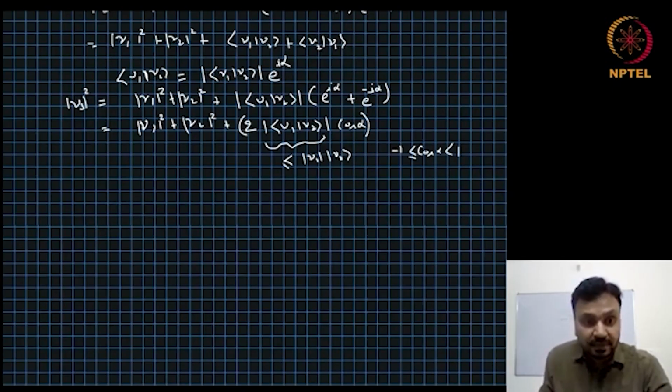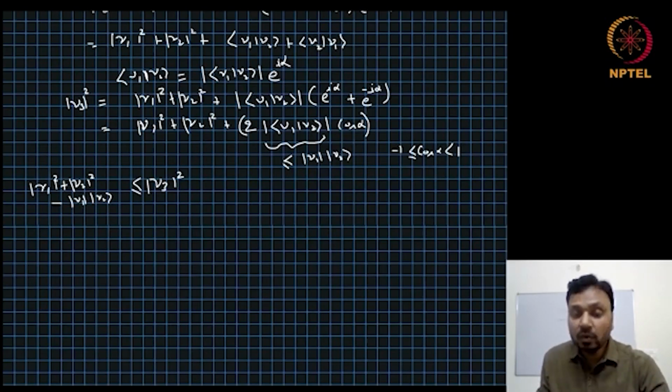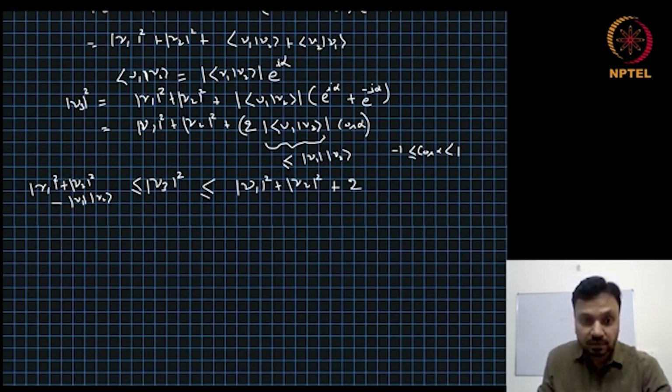So it means we can say that |v3|² is always greater than or equal to |v1|² plus |v2|² minus 2|v1||v2|, and it is always less than or equal to |v1|² plus |v2|² plus 2|v1||v2|.